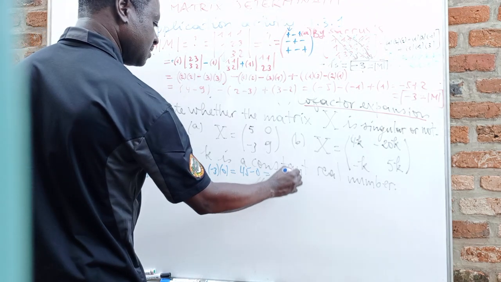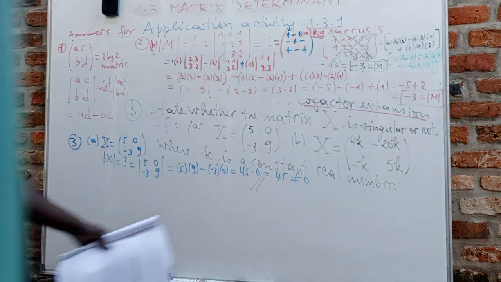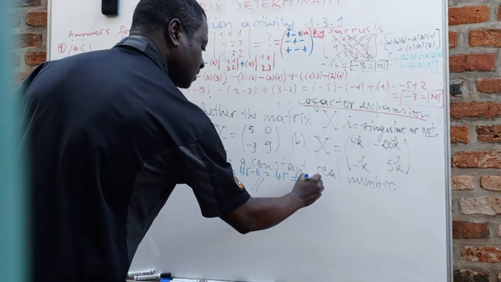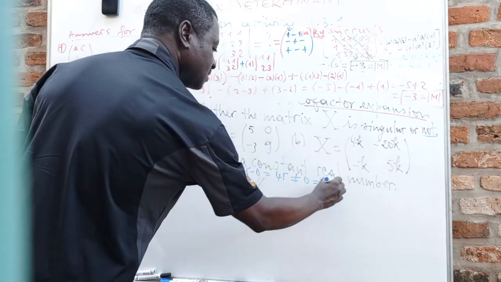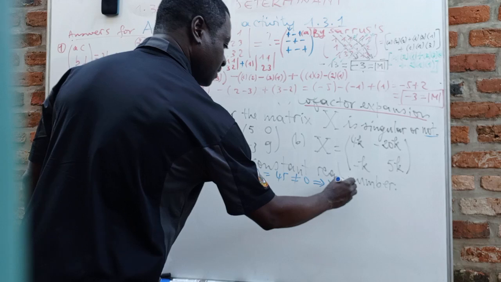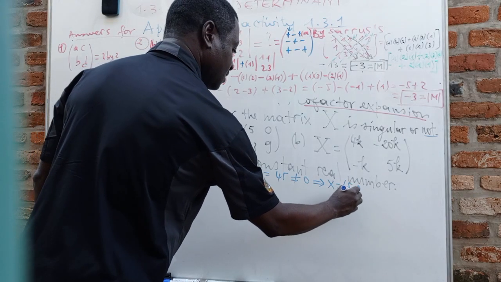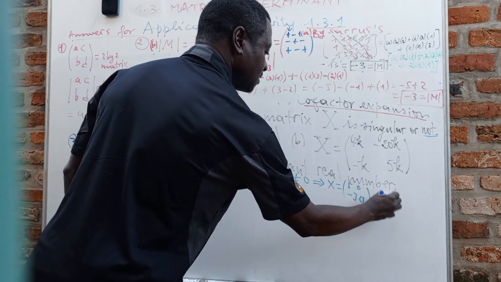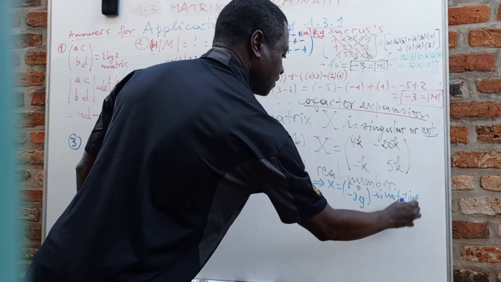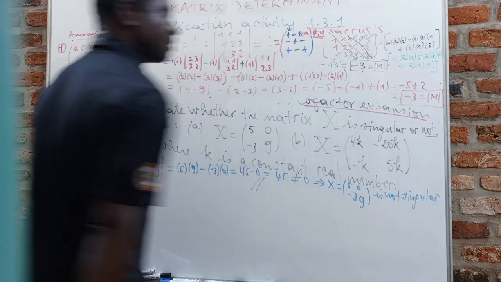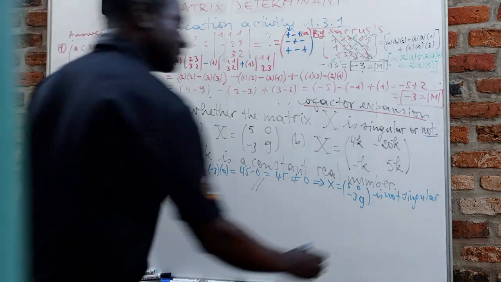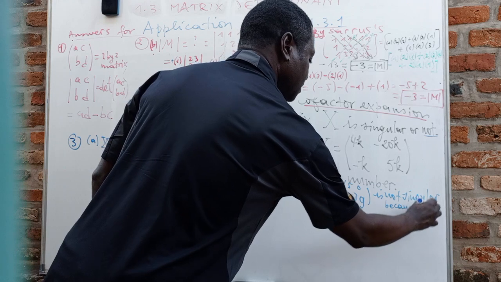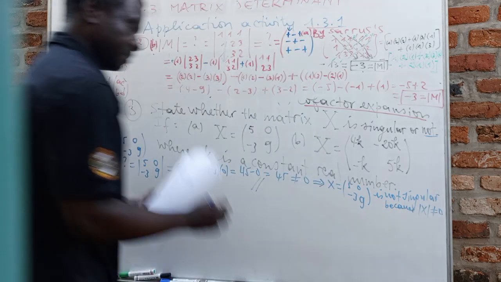This determinant being different from 0 means that the matrix is not singular. The first matrix, X, which is 5, 0, negative 3, 9, is not singular because its determinant is different from 0.